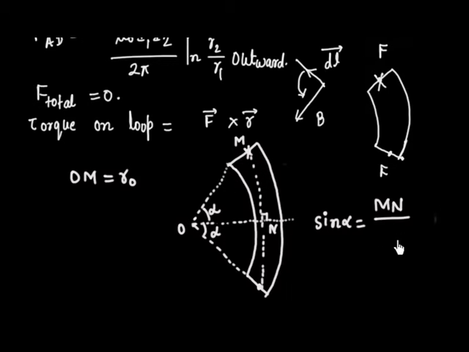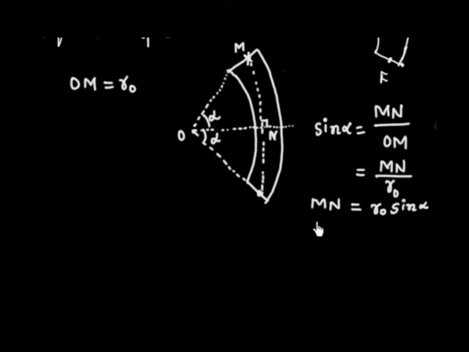OM is nothing but R0. So sine alpha is MN divided by R0. So this means MN is equal to R0 sine alpha. Are you getting? So this is the distance.